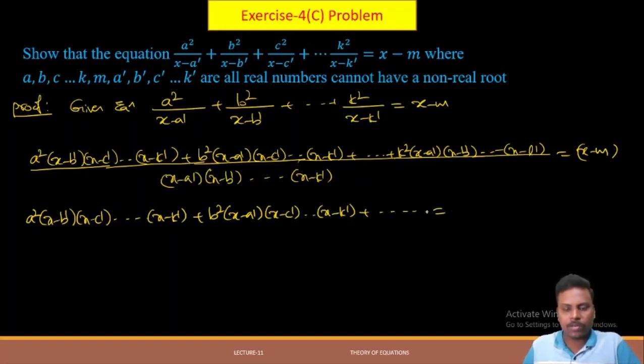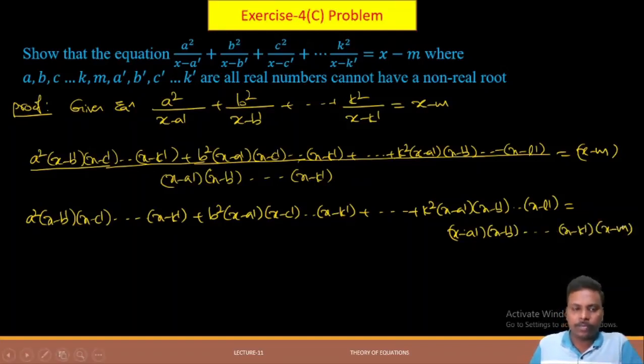This is equal to the last term, let me write, k square into x minus a dash, x minus b dash and so on up to x minus l dash, is equal to x minus a dash into x minus b dash and so on up to x minus k dash into x minus m.